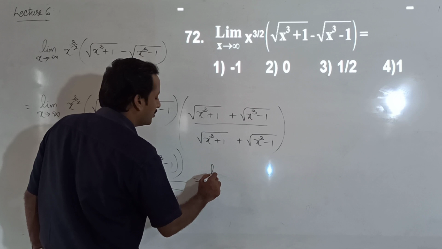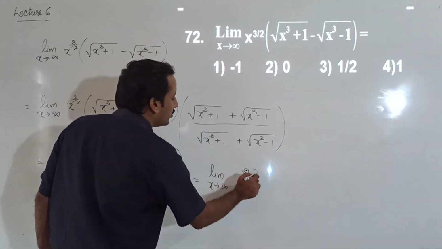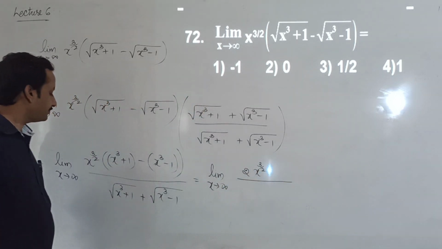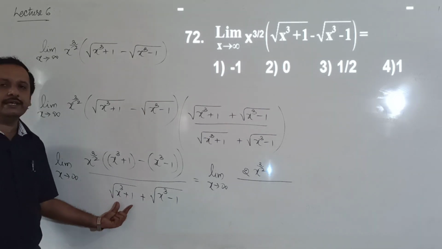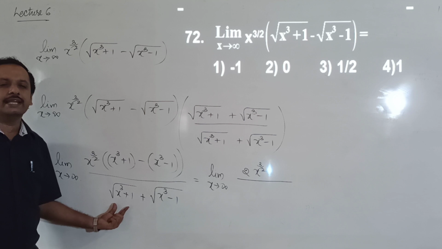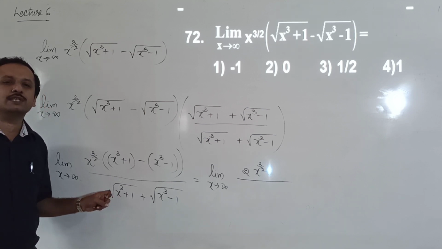So this is equal to limit x tends to infinity 2 into x to the power 3 by 2 divided by, here I will take x cube as a common factor. That x cube I will bring outside the root.